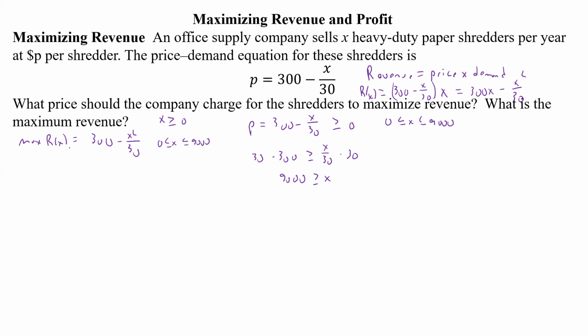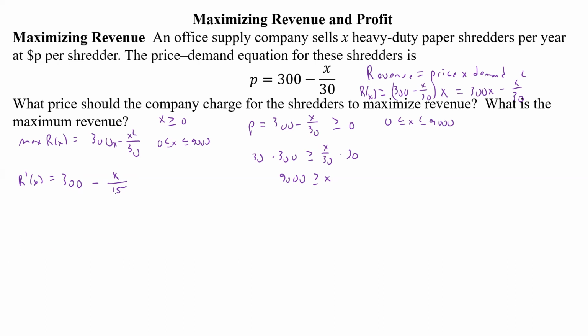Now can we find our first derivative, R prime of x? Well, for 300x, that's just going to give us 300. For x squared, the 2 comes down, so we have 2 times x, and 2 over 30 goes to 1 over 15. So 1x over 15.